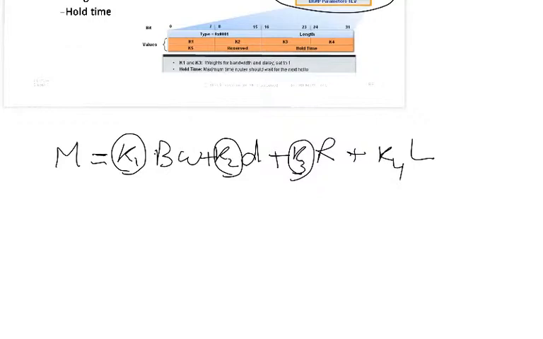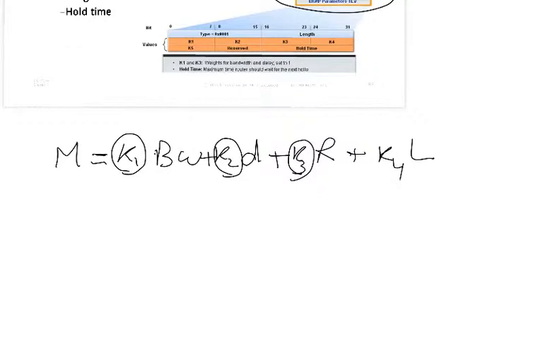So the only thing we need to know about these parameters is that the default mode for EIGRP combines only the bandwidth and delay. This is the default mode, but the administrator may actually choose to incorporate the load and reliability as well. But the default mode is that K1 and K3 are 1 for the bandwidth and delay.